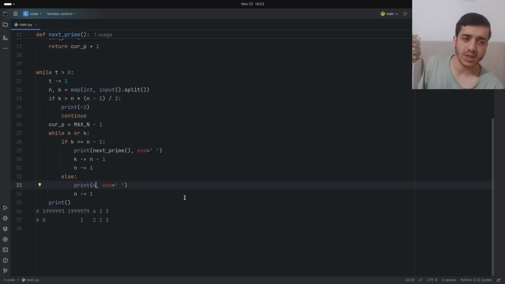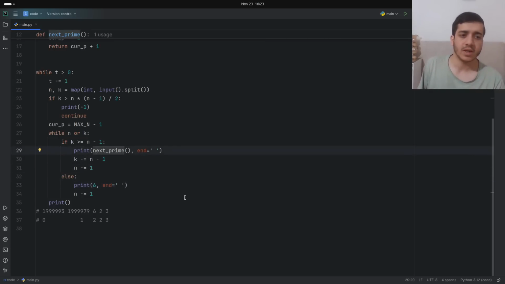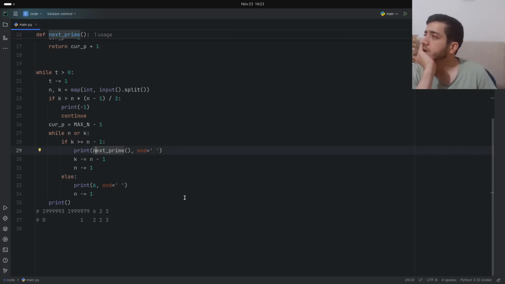So instead of 6, we need to multiply all primes that come next. Can they be very large or not?